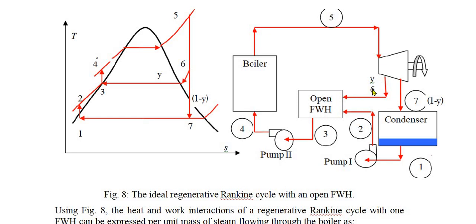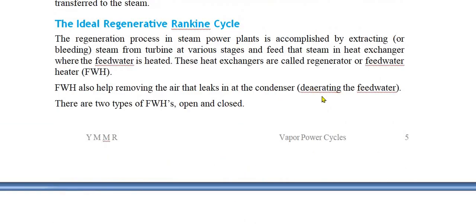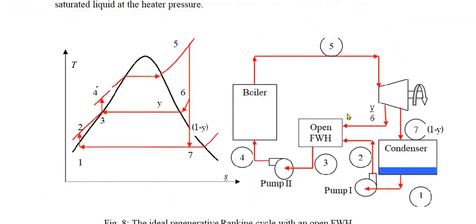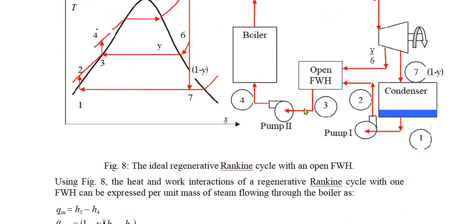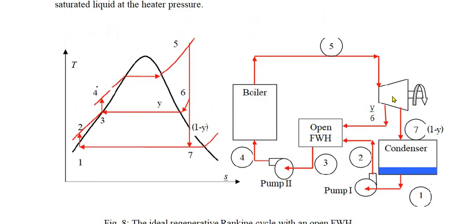Here we are mixing steam with the feed water, thereby its temperature is raised. While mixing water with the steam, gases will be liberated. Those gases can be removed. That process is also called deaerating the feed water. Now at point 3, what is the temperature? It is a higher temperature, right? That hot water is pumped to the boiler and the cycle is repeated.